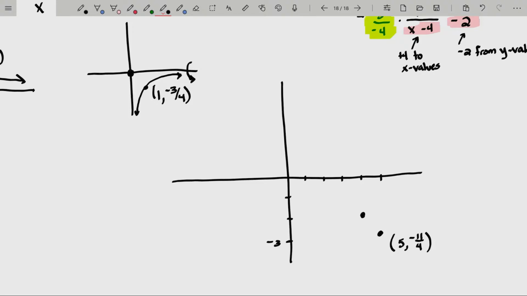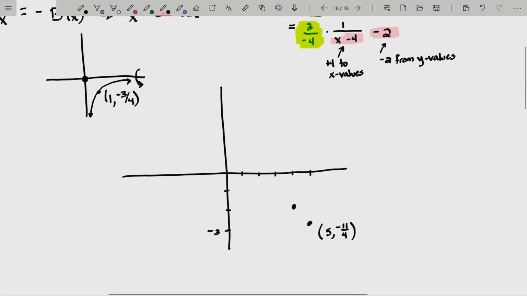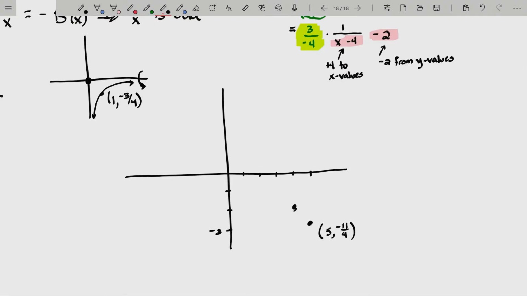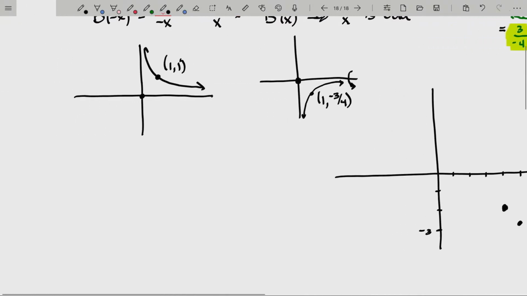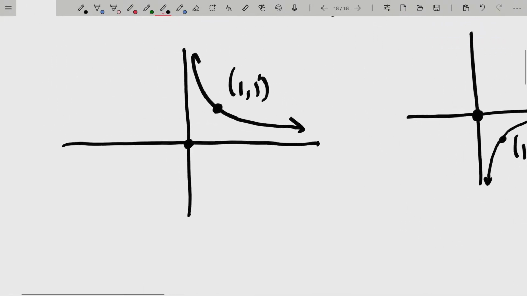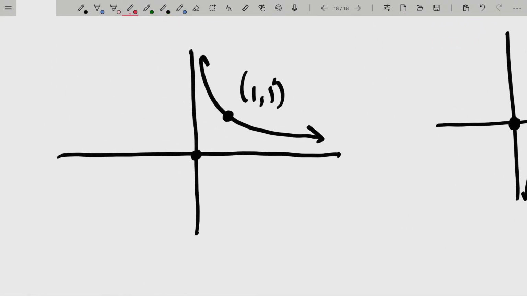Now, I told you that we're not going to label this anchor point right here. The reason why is that original anchor point with the reciprocal functions, you should know that anchor point was a good guideline for the center.